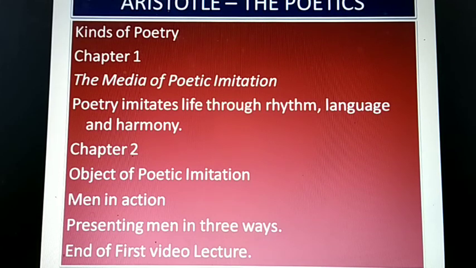Aristotle says this way: comedy represents men as worse than they are in reality, tragedy as better than they are in actual life. So with these references, chapter 2 of the Poetics comes to an end.